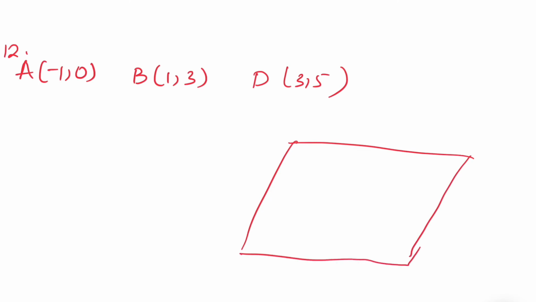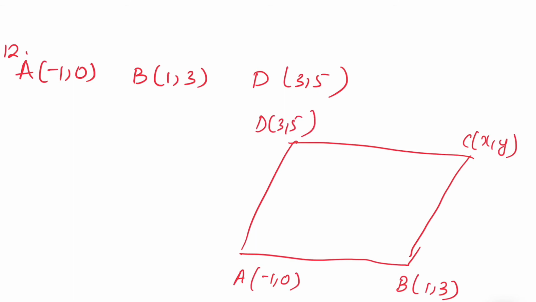If I draw a random parallelogram, I'll take A as (-1, 0), B as (1, 3), C I don't know, so I'll take it as (x, y), and D is equal to (3, 5). Okay, it's a parallelogram, right? So if I join the diagonals like this, this and this will be equal, this and this will be equal, right?